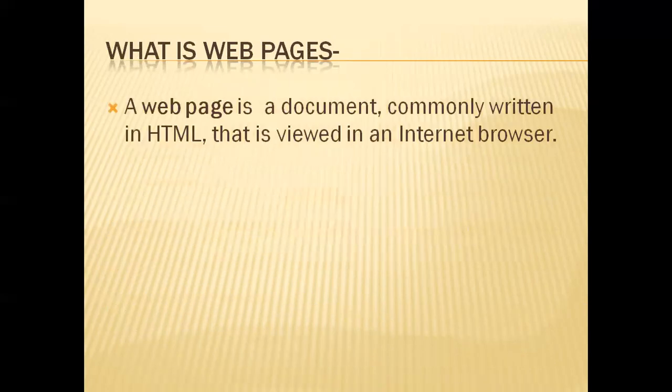What is a web page? As we know, a website has a number of web pages, and a web page is a document which has images, pictures, graphics, etc. A web page is part of a website, and it's a document commonly written in HTML, and today we learn about that HTML language that is built into the internet browser.